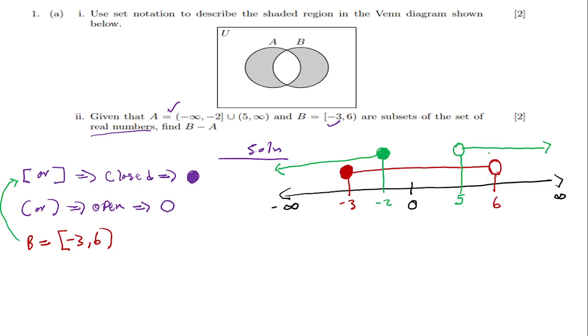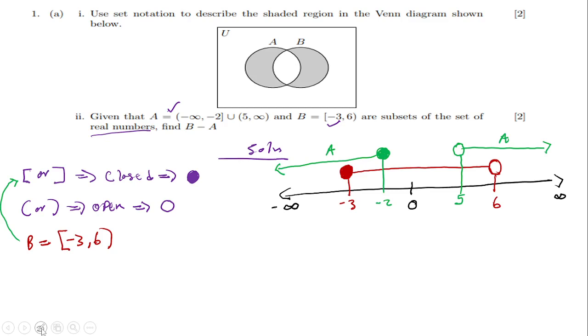Just easy, and you can find that your answer has already shown itself, because this is set A, that is set A, and the middle part is set B. Now you go back to the question. What is the question telling you? What do they want?